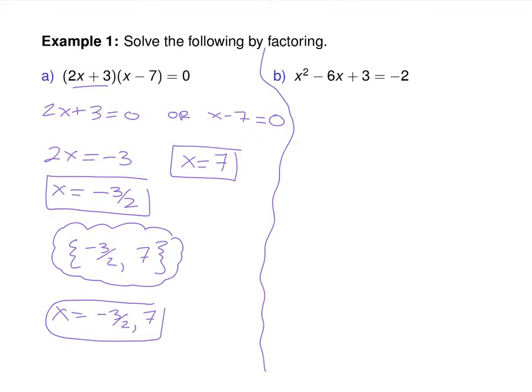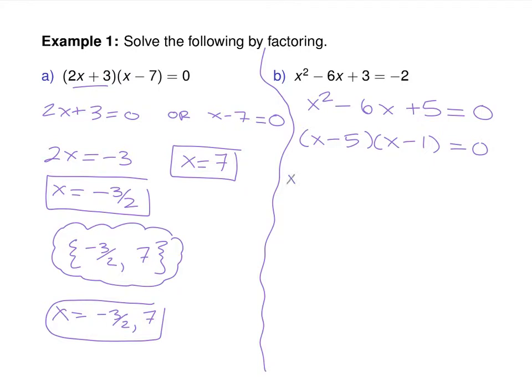In part B, you want to make the equation equal to 0 and then factor it so it looks like part A. Add 2, yep. So that'll be x squared minus 6x plus 5, and it factors into x minus 5 times x minus 1.